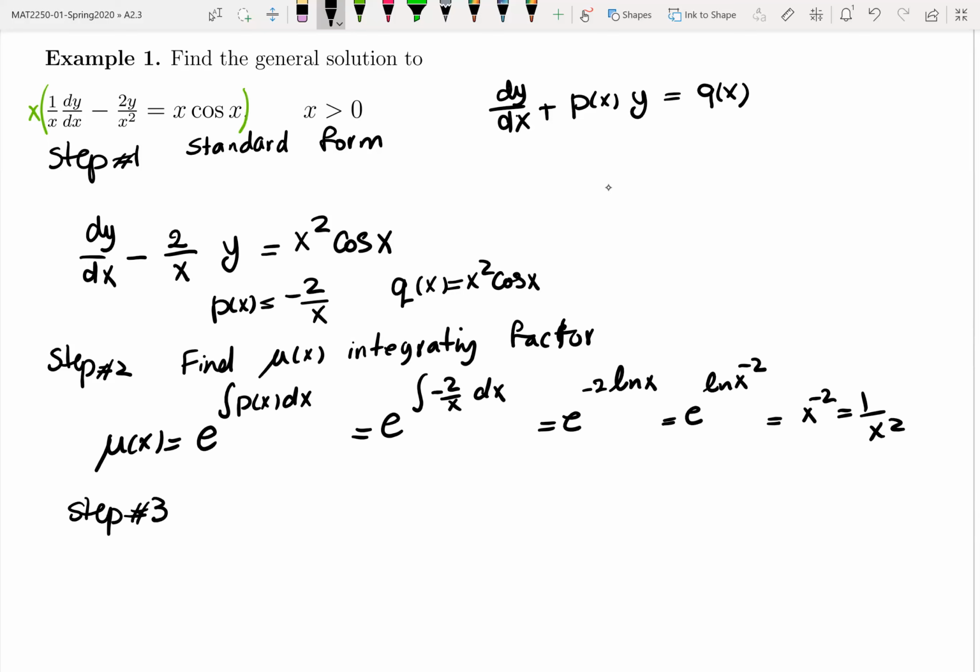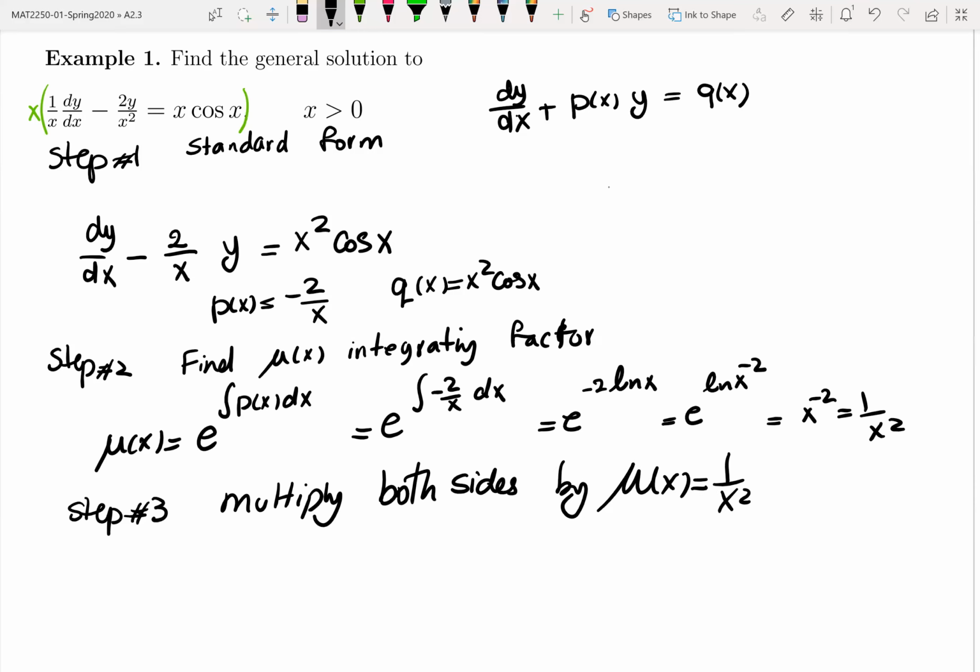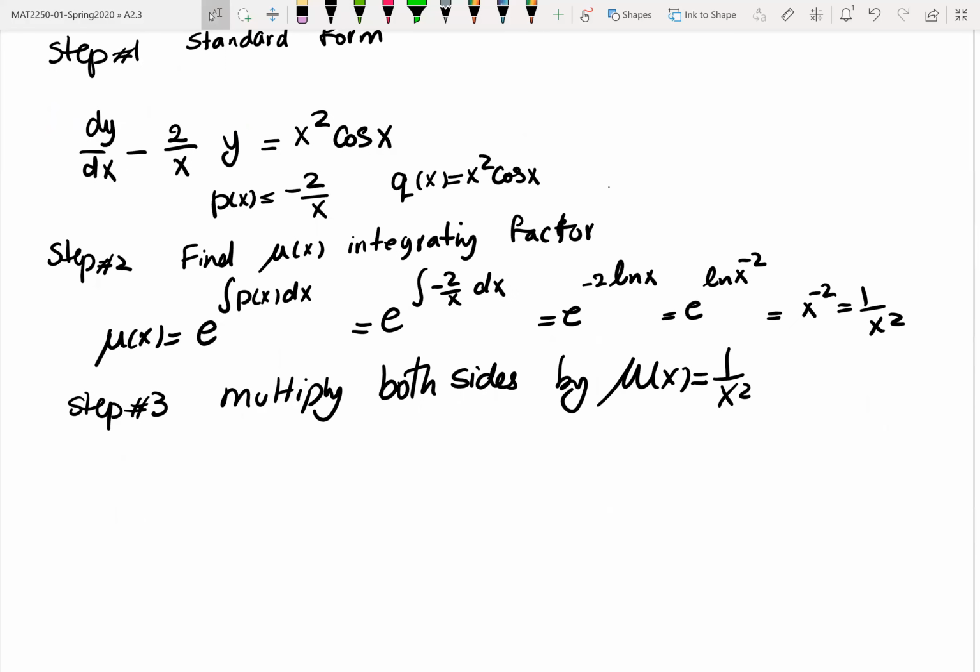That is going to be step number 3. So that's the factor that I need to multiply. Multiply both sides by that mu of x, which is 1 over x squared.